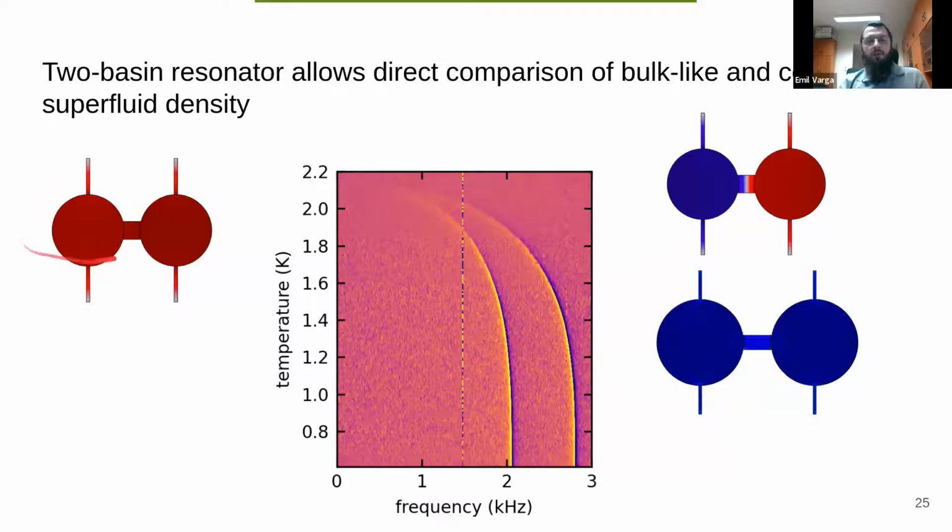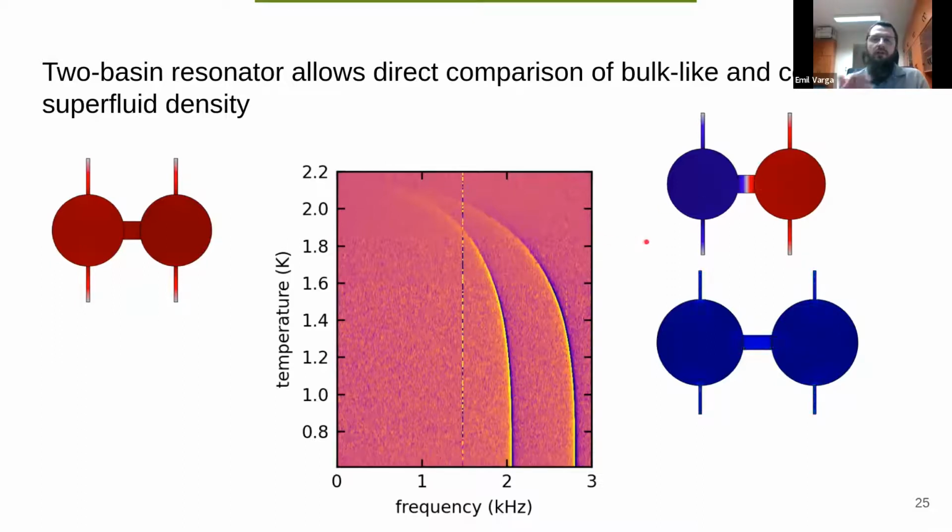So in the fundamental mode, the pressure in the two basins, these two circular regions here, oscillates in unison. And in the higher order mode, they oscillate in anti-phase. Now the important thing here is that in this fundamental mode, there is no pressure gradient across this strongly confined channel, but in this higher mode, there is a strong pressure gradient and thus flow across the strongly confined channel.